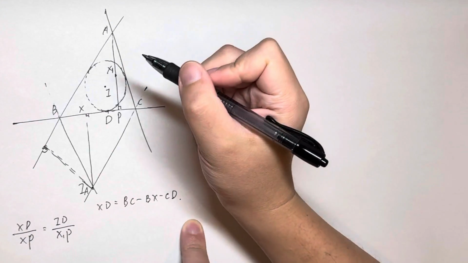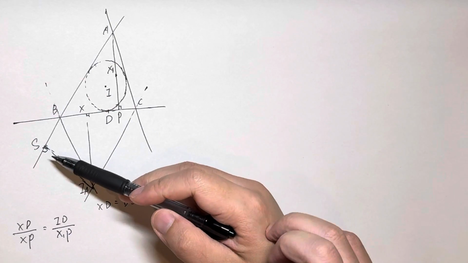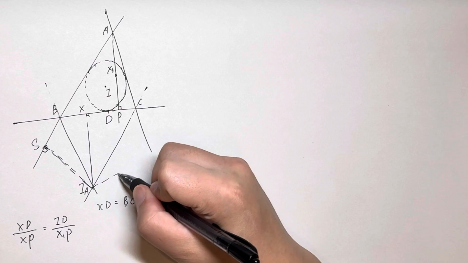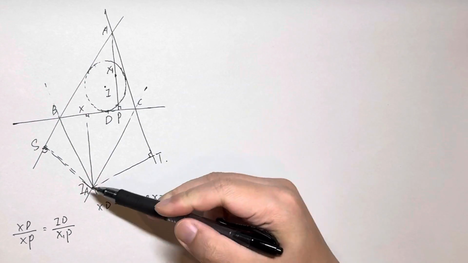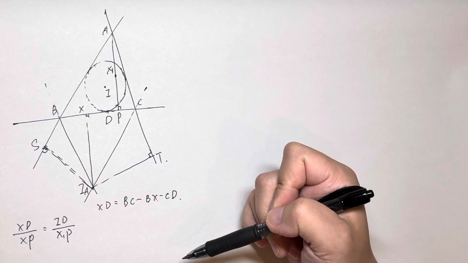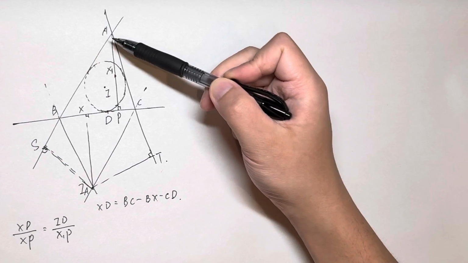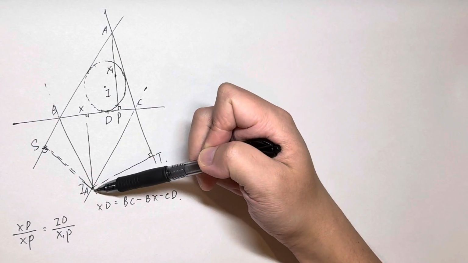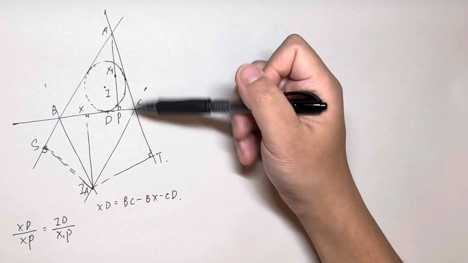Let's call this point S. Think about that IAS is perpendicular to AB, and let's draw another point here, call it T, where IAT is perpendicular to AC. And we already know that IA is the angle bisector of angle BAC.